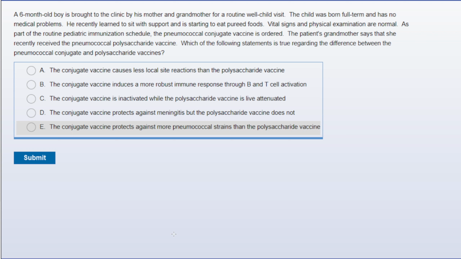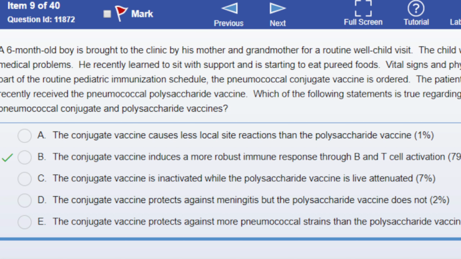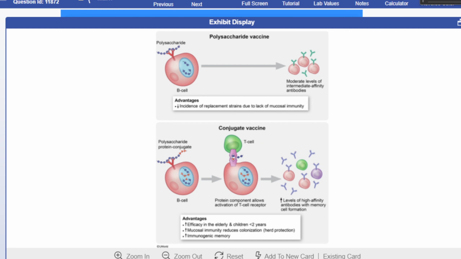And the answer is that the conjugated vaccine induces a more robust immune response through B and T cell activation. As you can see here, the conjugated vaccine gives you more activation of B and T cells together, compared to the polysaccharide vaccine, where only B cells are involved.